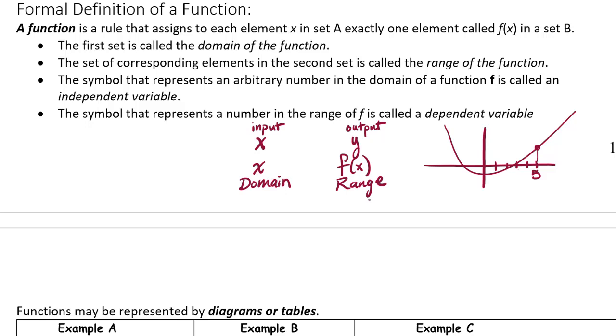The symbol that represents an arbitrary number in the domain of a function f is called an independent variable. You might also see something called free variable. In the next video, we'll look at some examples.